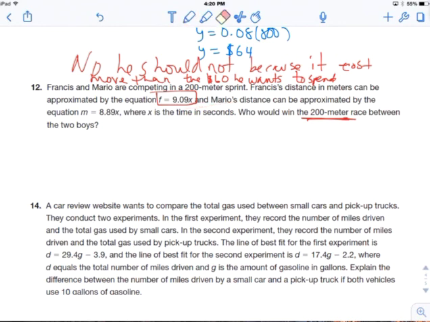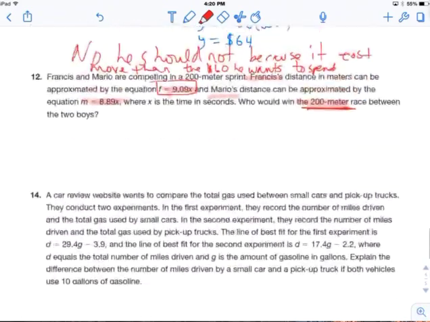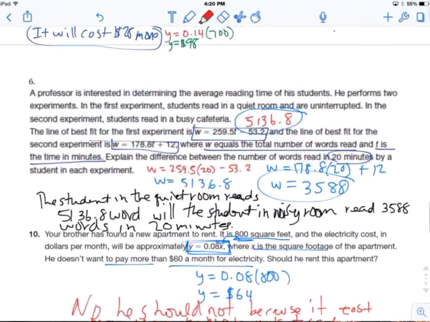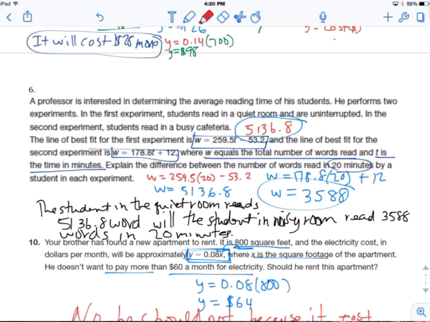This is Francis' equation. Here's Marco's equation. See which one? 20 meters. X is time in seconds. Okay, read it. You guys need to read and try to understand.